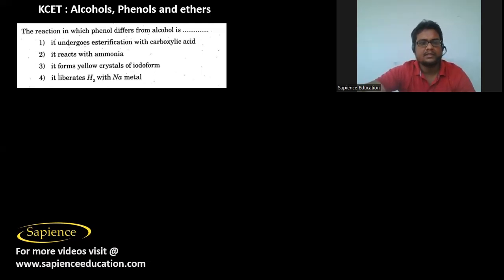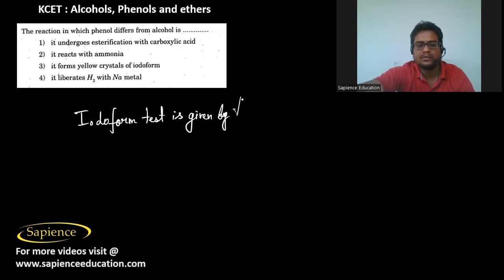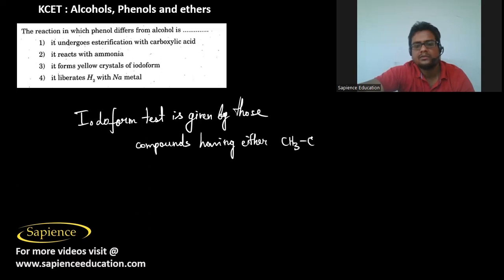Then here it is said the reaction in which phenol differs from alcohol is. Now the rule is that the iodoform test is given by those compounds having either the CH3CO group or the CH3CHOH group.